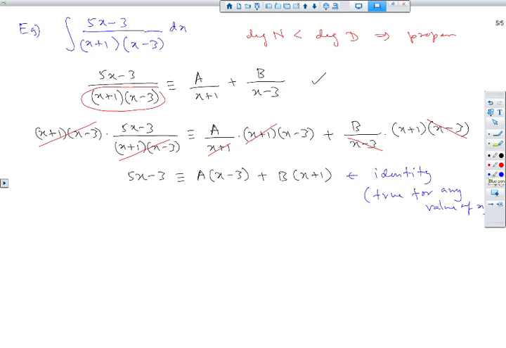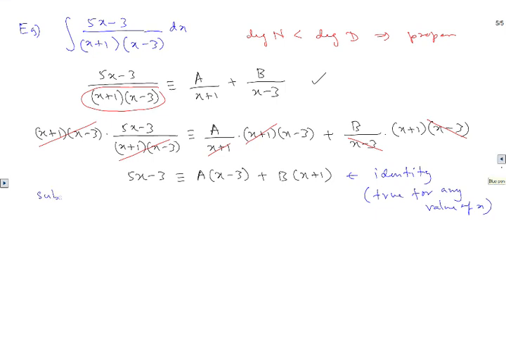So we substitute. Let's say you want to find a, so you want to make the other term 0. That means you plug in x equal -1. Let's see what happens. It is 5 times -1 minus 3 equal a(-1 minus 3) plus b(-1 plus 1).